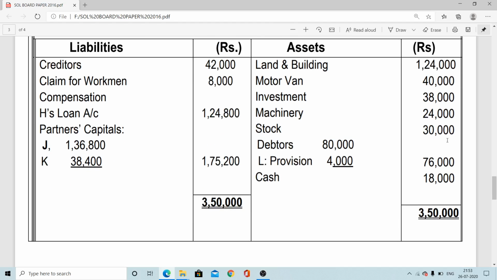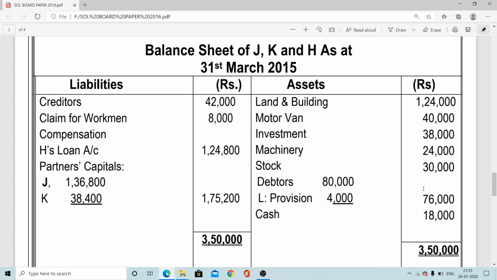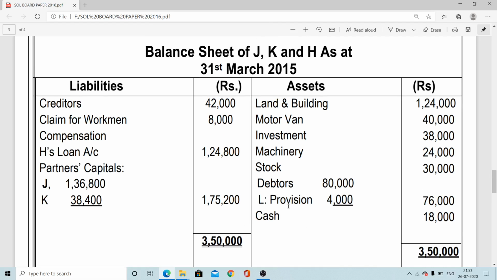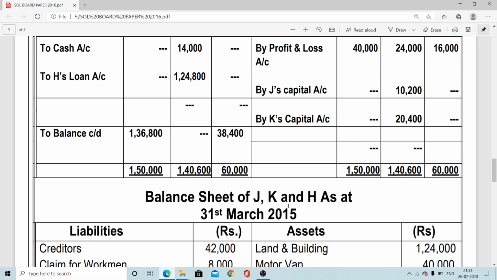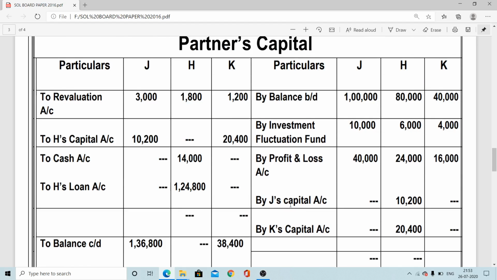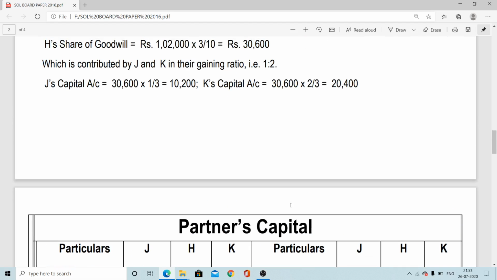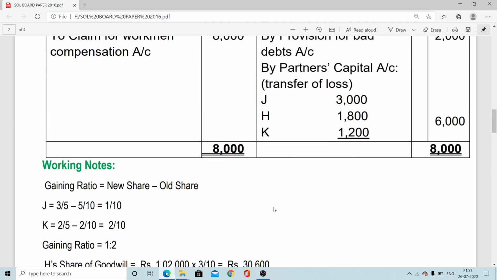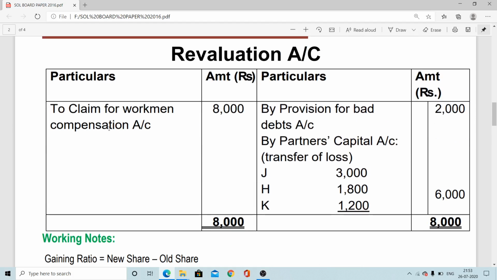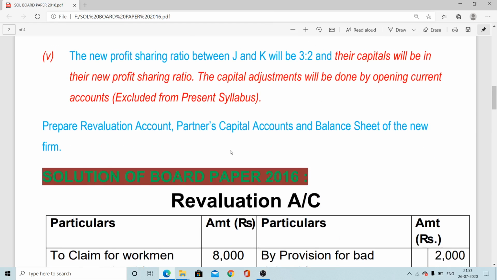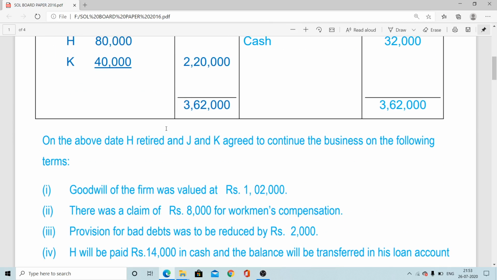After that, if we add both sides they will tally: balance sheet asset total 3,50,000 and the liability total also 3,50,000. This is the same type of problem, only one or two adjustments are a little bit different, like this newly appearing workmen compensation claim, and another part, the investment fluctuation fund.